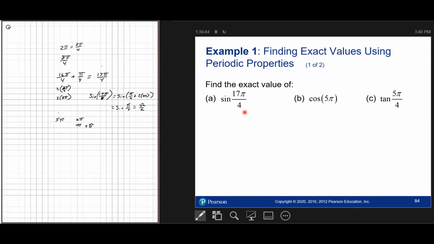So this becomes the cosine of pi plus 2 times 2 pi, which is the same thing as the cosine of pi, which is -1.